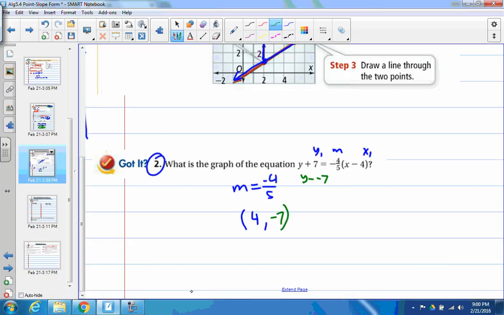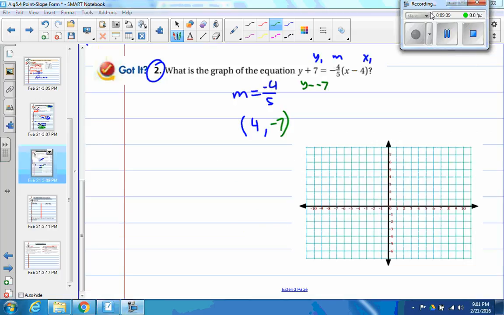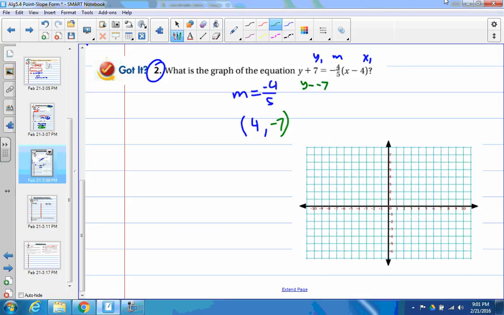So if you take your graph, now have your coordinate plane, hopefully you can see mine. I'm going to plot the point 4 and negative 7. So 1, 2, 3, 4, and down 7, that's going to be way over here. So it's going to be a tough one to do. 4 and negative 7. So typically my rise would be negative 4, my run would be 5.